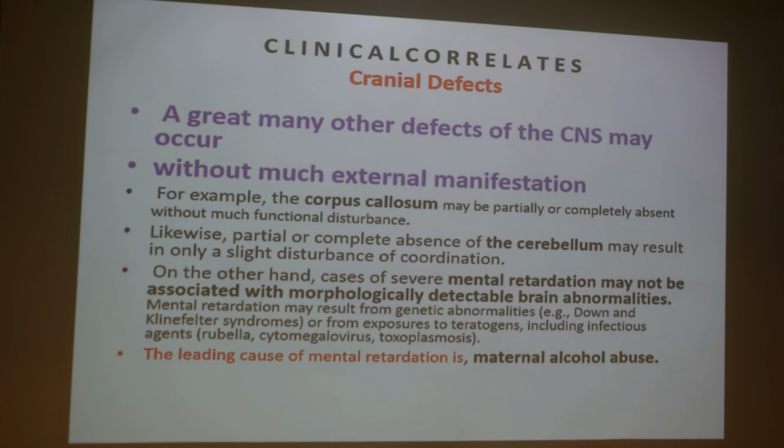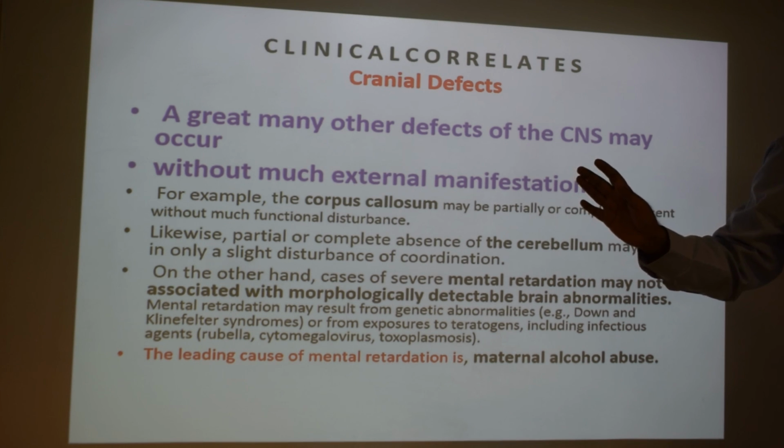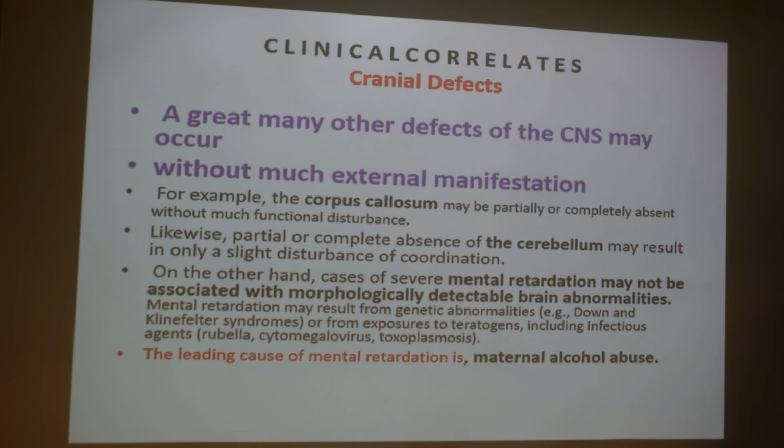So you can get diseases where you see extreme mental retardation but externally the brain looks alright. And on the other hand, you might see an external abnormality in the brain and see no motor, sensory or higher mental deficits.